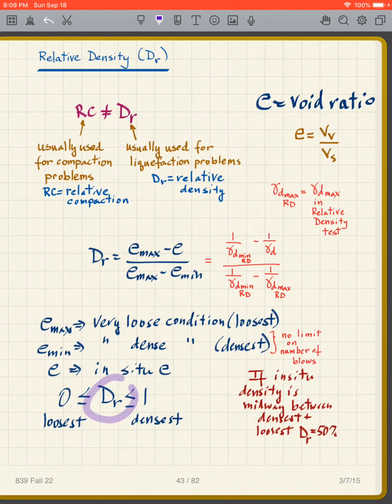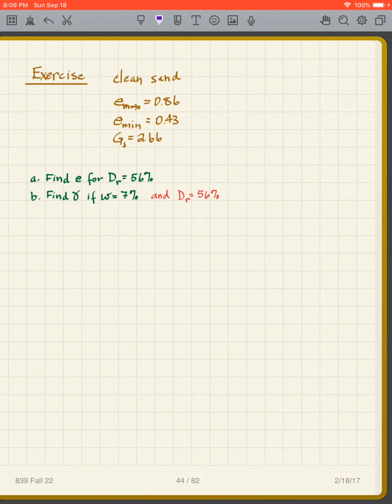So that is the meaning of relative density, completely different from relative compaction. With relative density, our values are between 0 and 1, and we often express them in percent. So 50%, for instance, is halfway between.